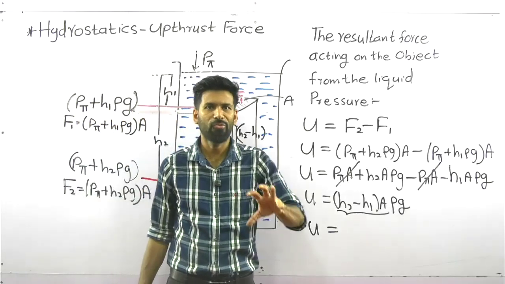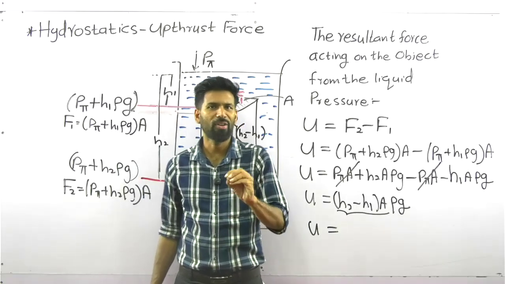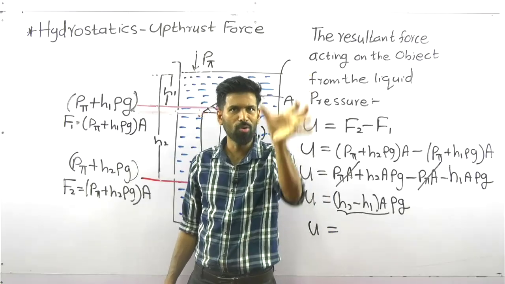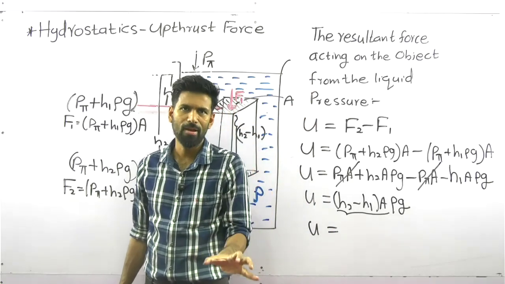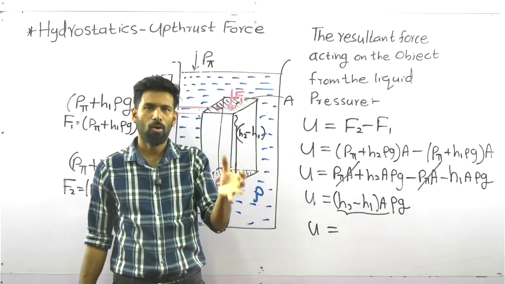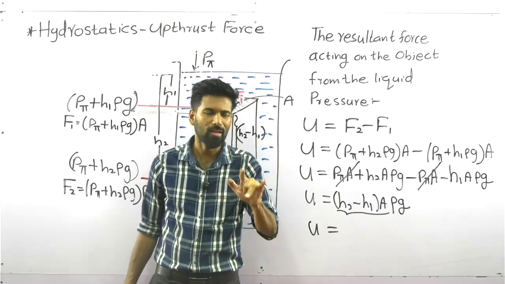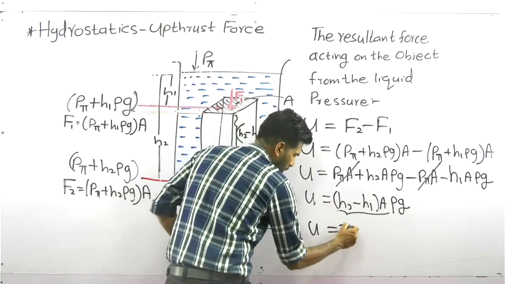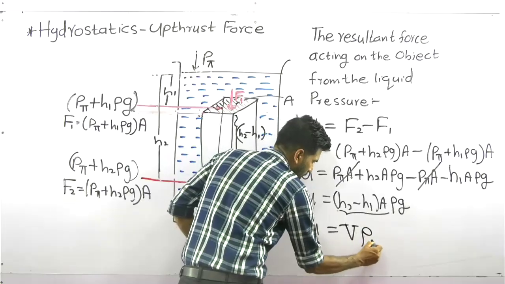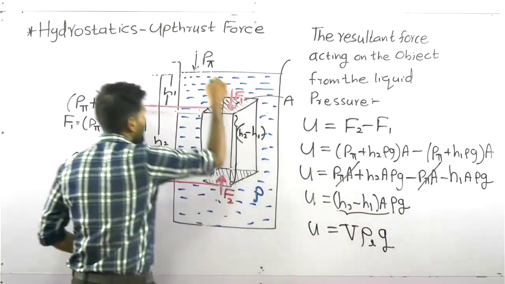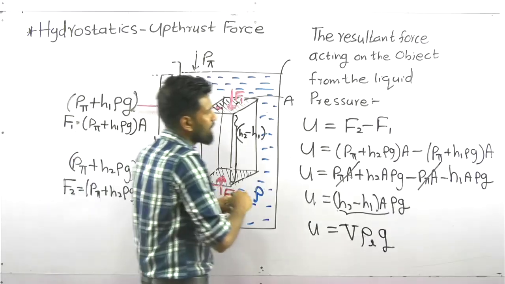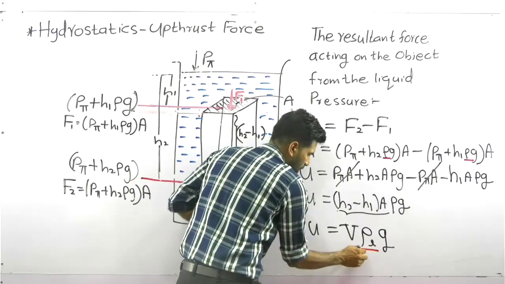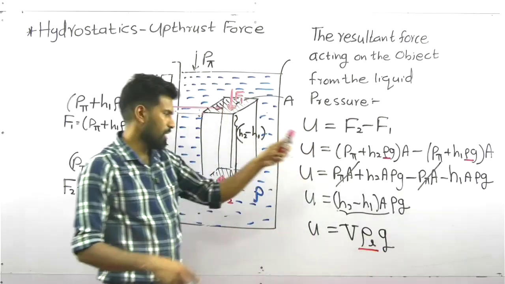Yes, but in the fair case, when you take it fairly, this H2 minus H1 times A is the volume of the object, true, but it is the volume of the object that is inside the liquid. So upthrust is equal to volume times density of the liquid times g. When you write the pressure, you use the density of the liquid.